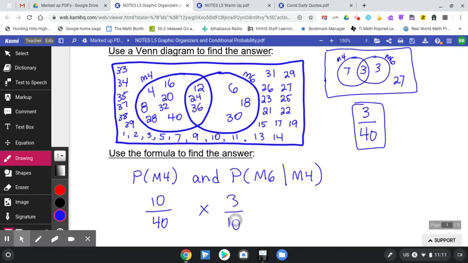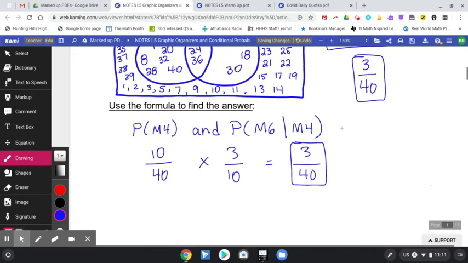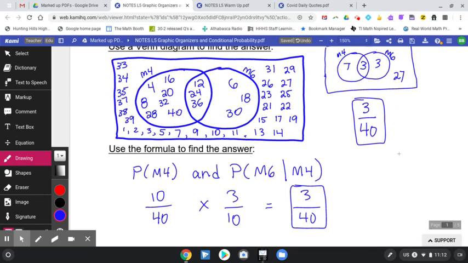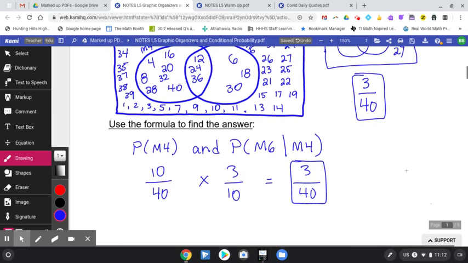So being able to do this with formulas, if I didn't have a Venn diagram, would be extremely difficult. So when you have a choice, if something sounds like a Venn diagram, you should definitely make a Venn diagram.